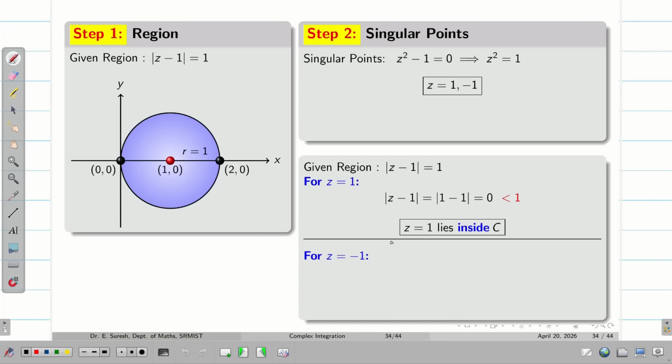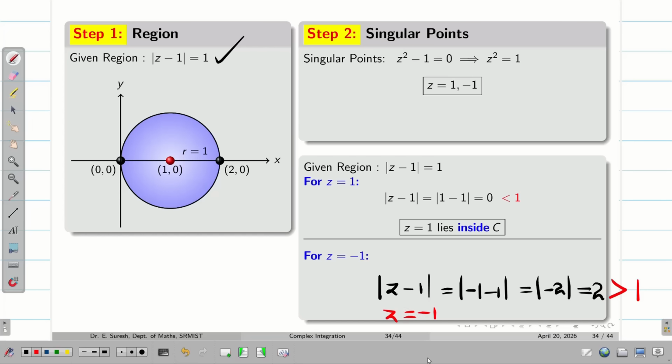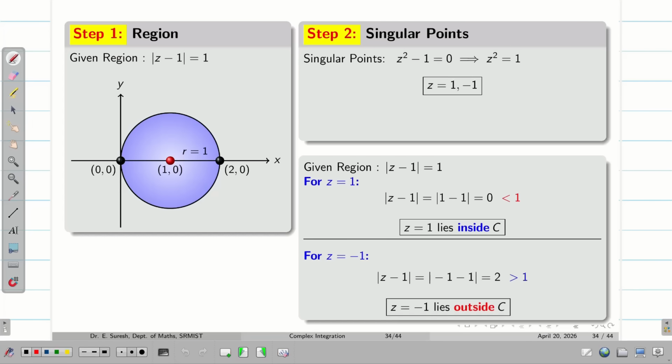Similarly, for z equal to minus 1, again I will substitute in the left hand side of the given region. We get mod minus 1 minus 1, so modulus of minus 2 is 2. It is very obvious 2 is greater than 1. Therefore, z equal to minus 1 lies outside C. So this is the best way when my region is a little complicated.